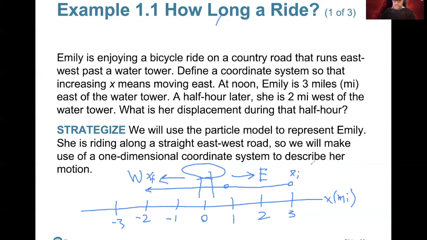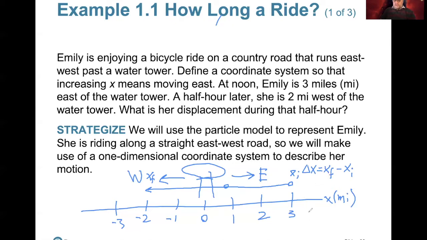and then over here is going to be her final position. Okay, so then we can say delta x equals x final minus x initial. Okay, so x final is -2.